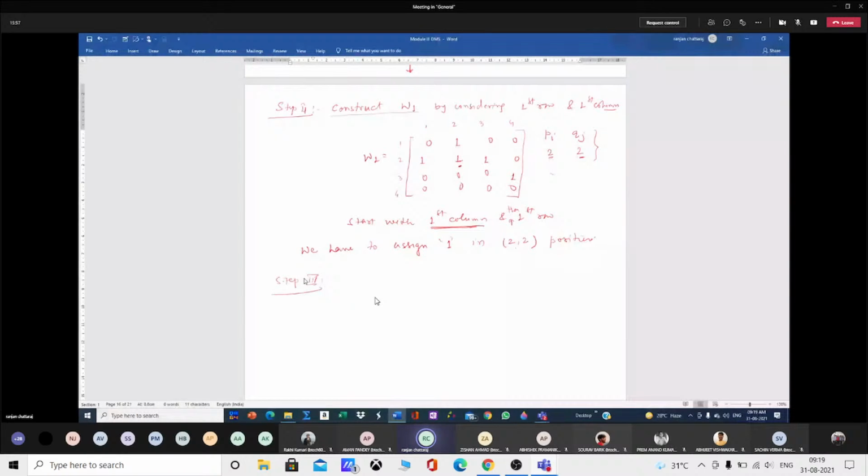So now construct W2 in the third step by considering second row and second column.